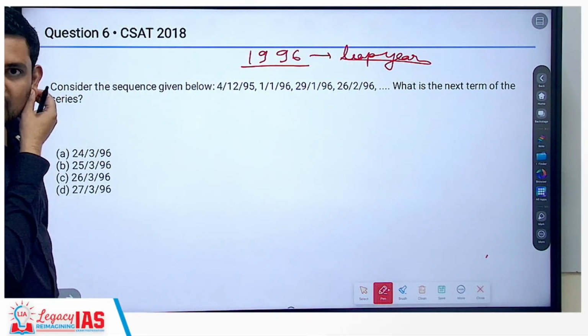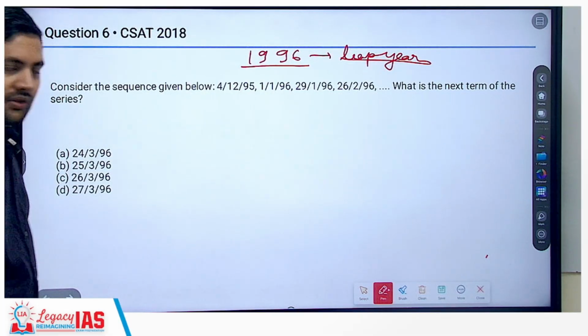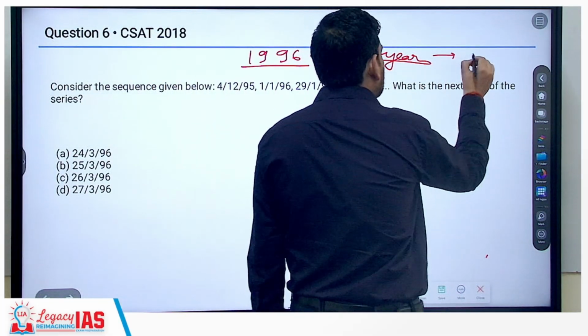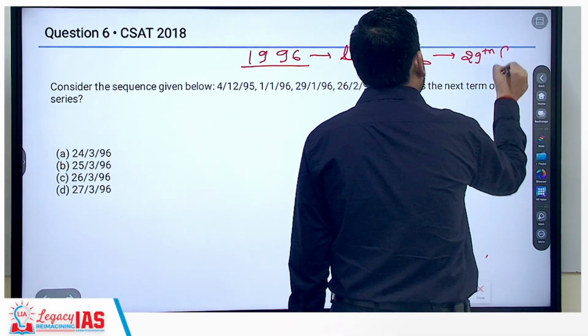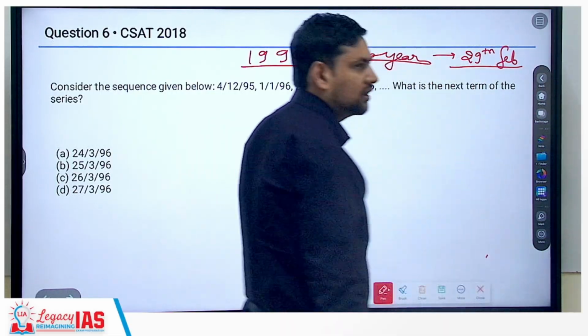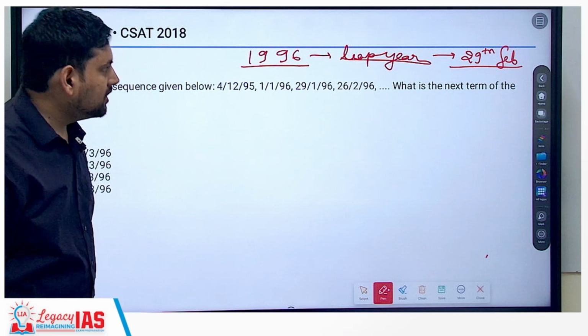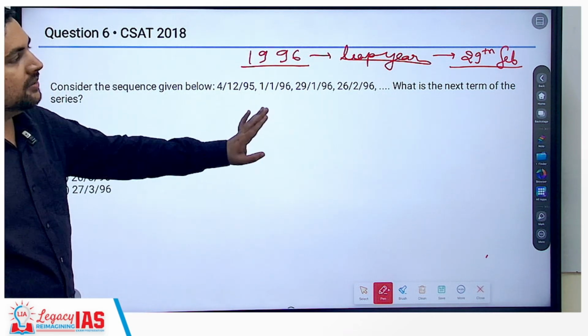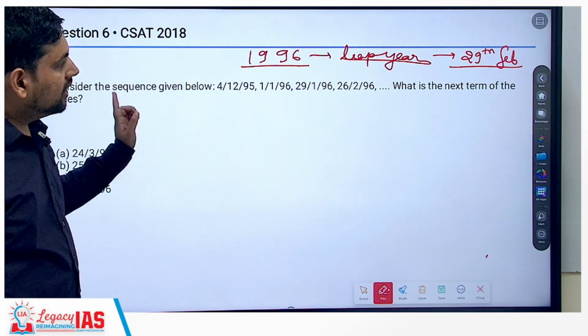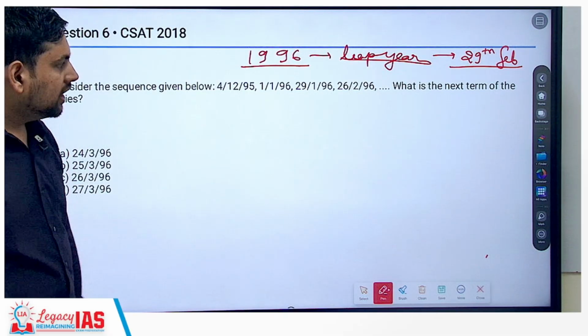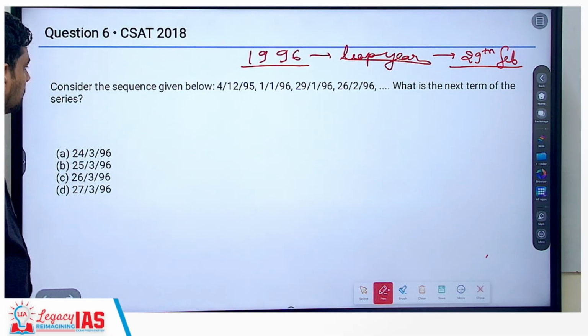Once you know this was a leap year, then you know one more thing, that it will have 29th of February. This is very important. Once you get this, that 1996 is a leap year, it will have 29th February, then you can calculate it absolutely correctly. Now see how it works.